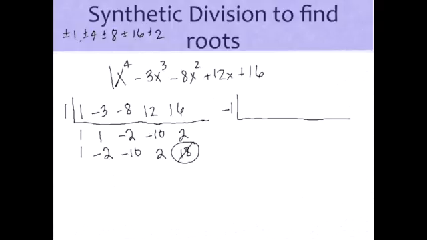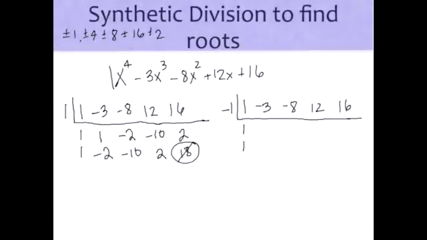Now I shall try negative 1. Okay. Drop the first number down. Negative 1 times 1 is negative 1. Add down. Negative 1 times 4 is positive 4. Add down.